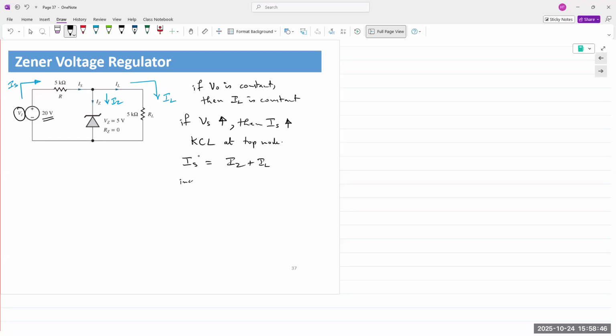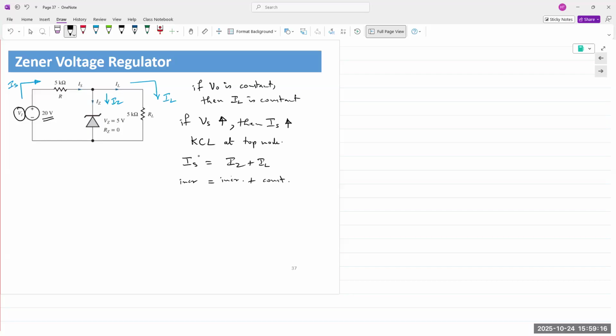Is increases, IL is constant. That means Iz must increase. That's the only way that IL can remain constant. And if IL is constant, then VL, the output voltage, is also constant. So the Zener diode operates in reverse bias. It breaks down, allows a high amount of current to flow through itself, but maintains the output voltage.